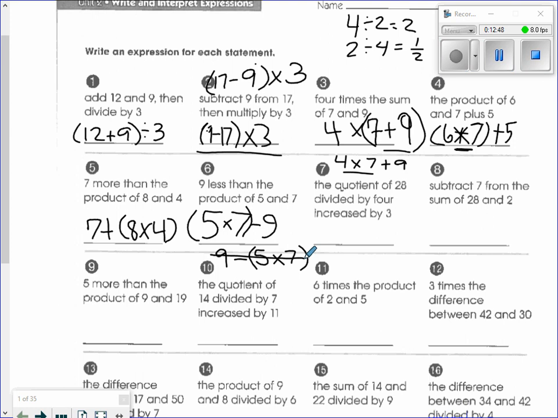Not just because the math in 5th grade won't work, but because this is not 9 less. This is 9 minus the product. The way that this would be worded, this would be 9 minus the product. But this is 9 less, so you take the product and you've got to take 9 from it.